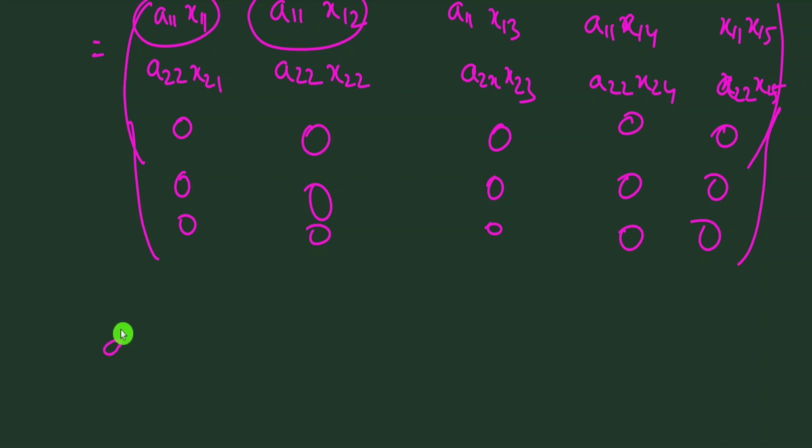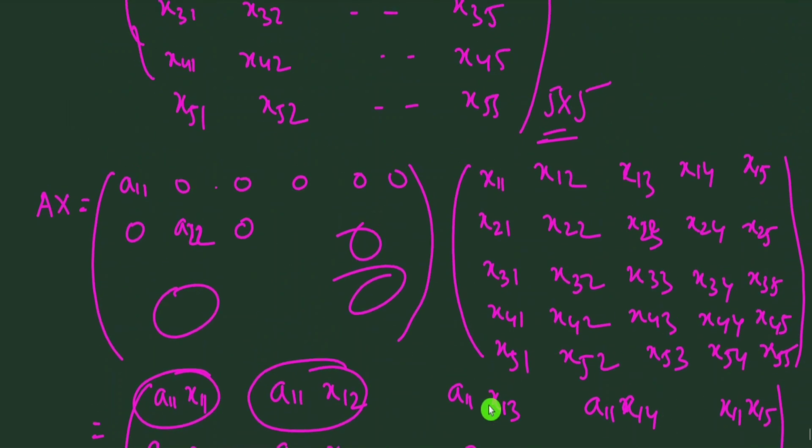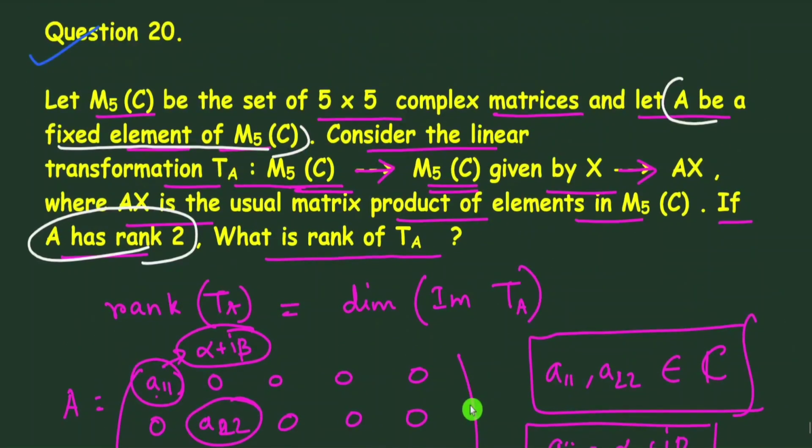So the dimension of the image of TA is equal to 10. That means our required rank of TA is equal to 10. So 10 is our answer for this problem.